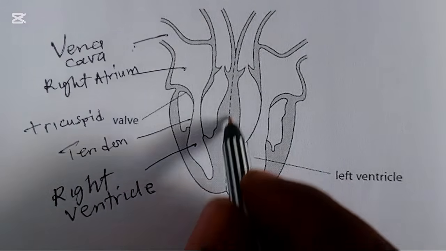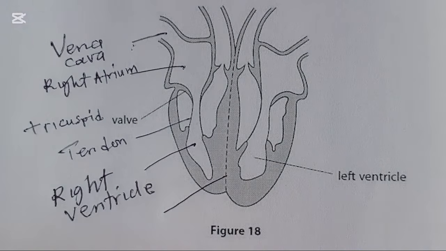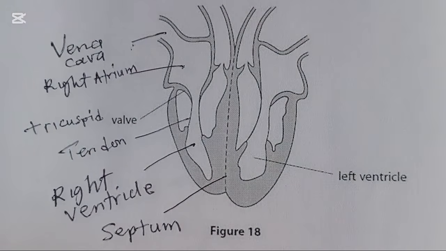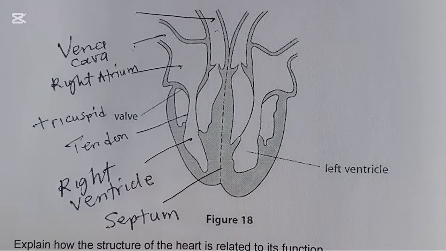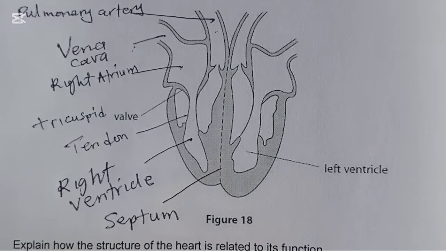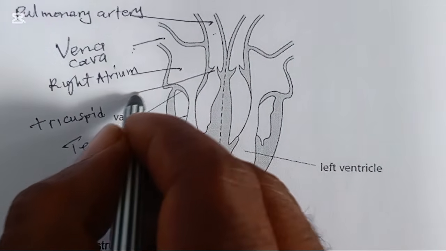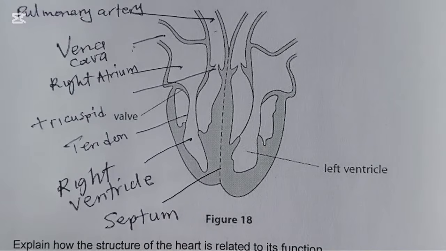This part here is what we call the septum, and this is the pulmonary artery, and this is the semilunar valve.